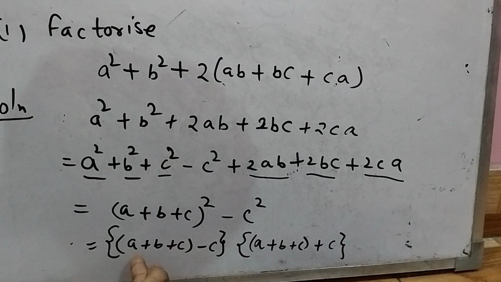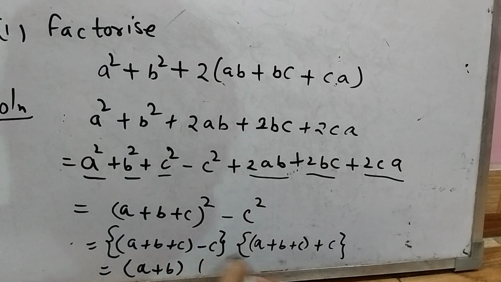We can further solve it: a plus b plus c and c will be cancelled out, and here we have a plus b plus c plus c, it will be a plus b plus 2c. So the first factor will be a plus b, and the second will be a plus b plus 2c.